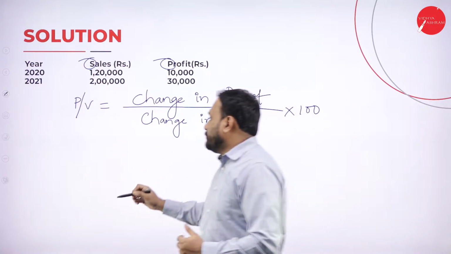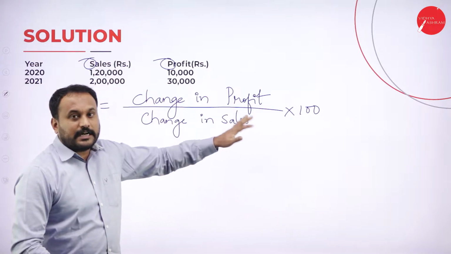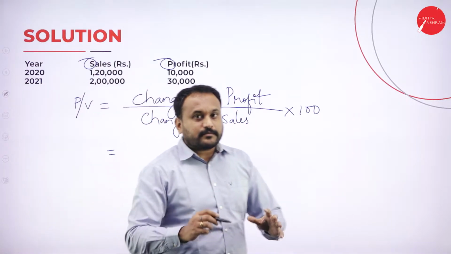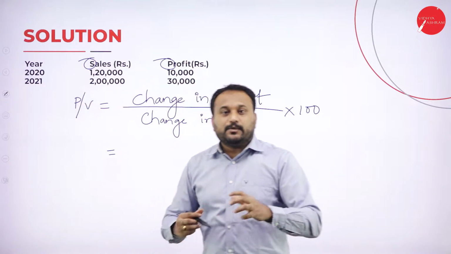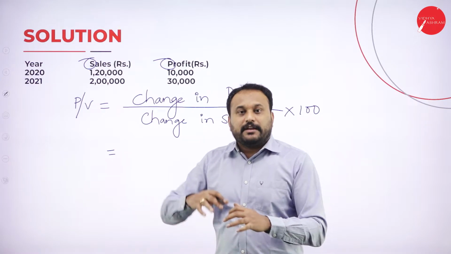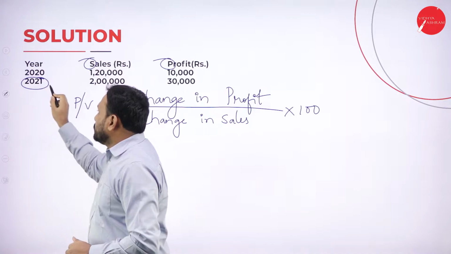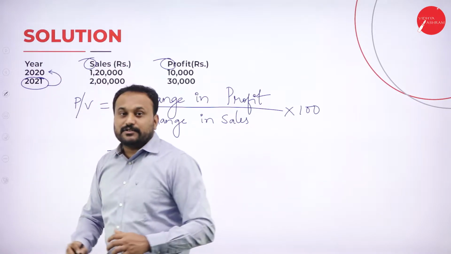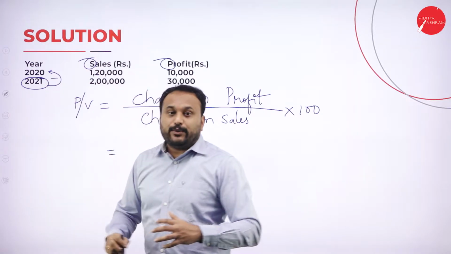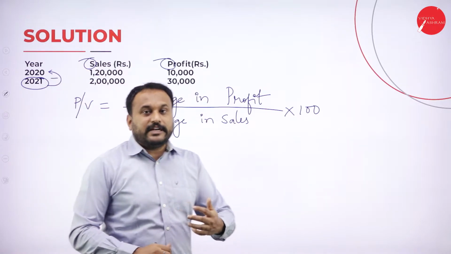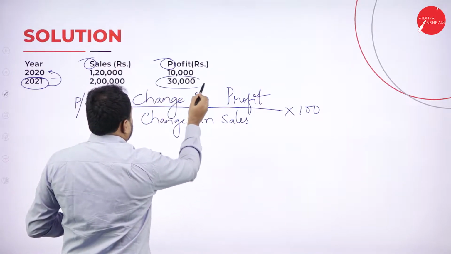So how to compute this? Understand, PV is equal to change in profit. I told you to remember this. We have 2 years, 2020 and 2021. So we need to identify which is the current year and which is the previous year. So 2021 is the current year. So 2020 is the previous year. So what is the change? 2021 minus 2020. That is the change in profit and change in sales. So here we have 2021 is 30,000.